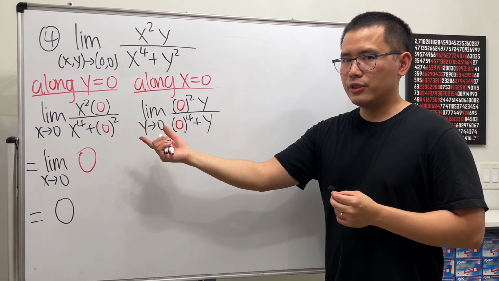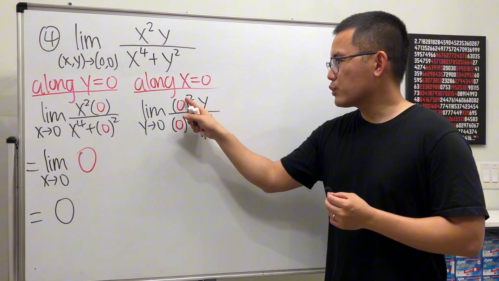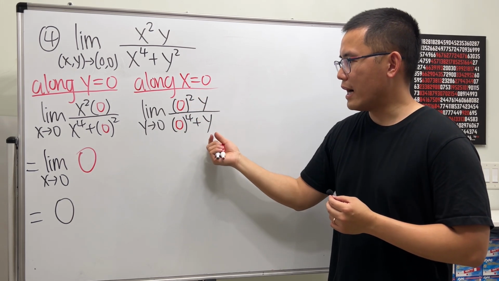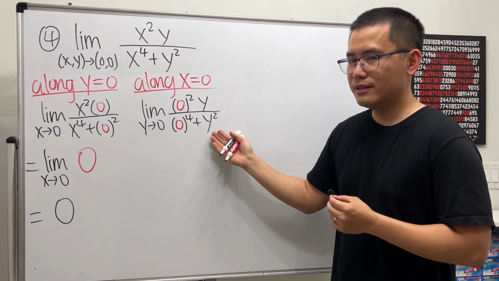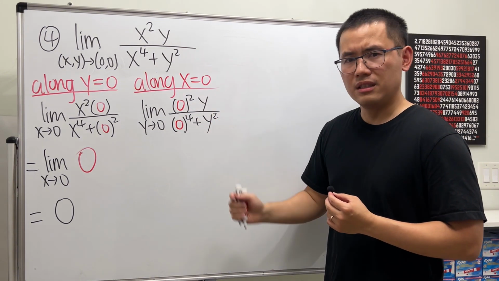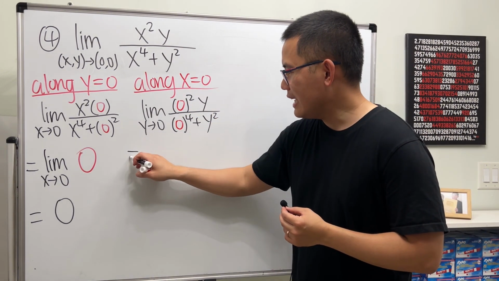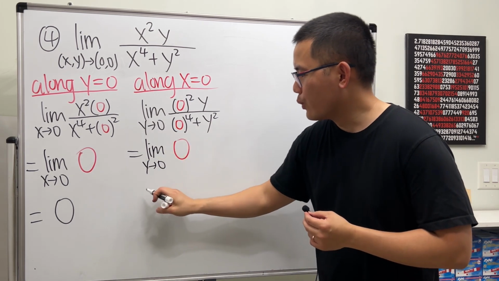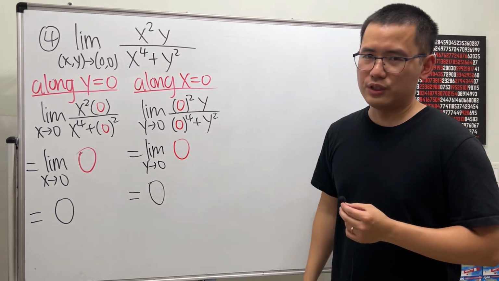Okay, similar situation, and now check this out. 0 squared times y, this is 0 on the top, over y, well, technically a square. But the whole thing inside is 0. So we are looking at the limit as y approaching 0 of 0, which is also equal to 0.